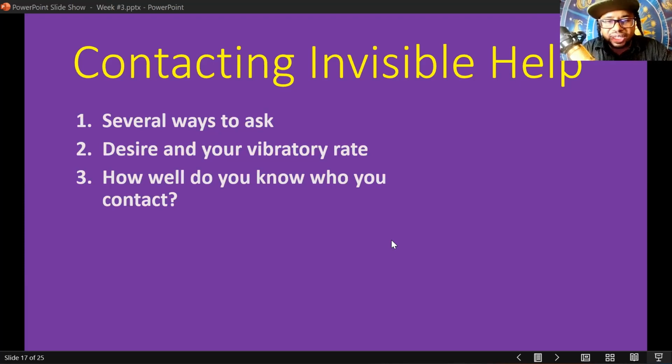Because you are using intellectual ESP instead of feeling ESP doesn't dictate the quality of the vibration that you are connecting with. Intellectually, you can still do something that's of a lower vibration. Just because it's intellectual doesn't mean that it won't be of a lower vibration.